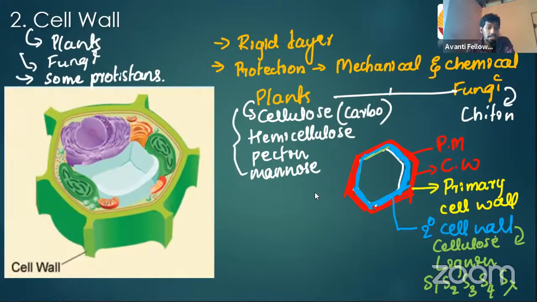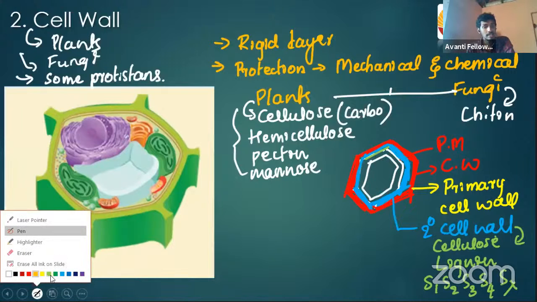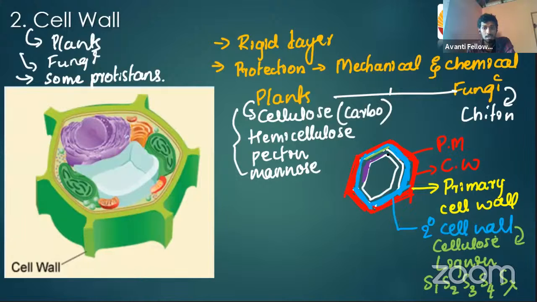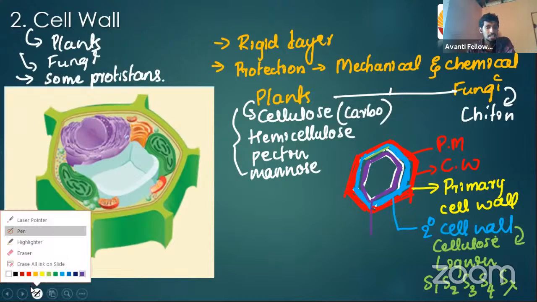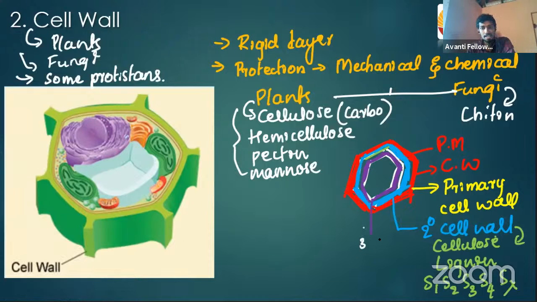In an extreme situation, another layer will form inside this, called the tertiary layer. The tertiary layer is present when the cell will start to die, but it is present in only some of them.